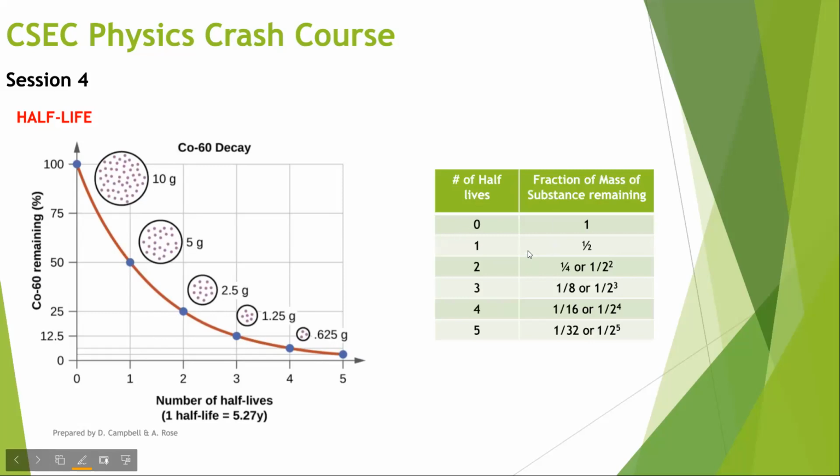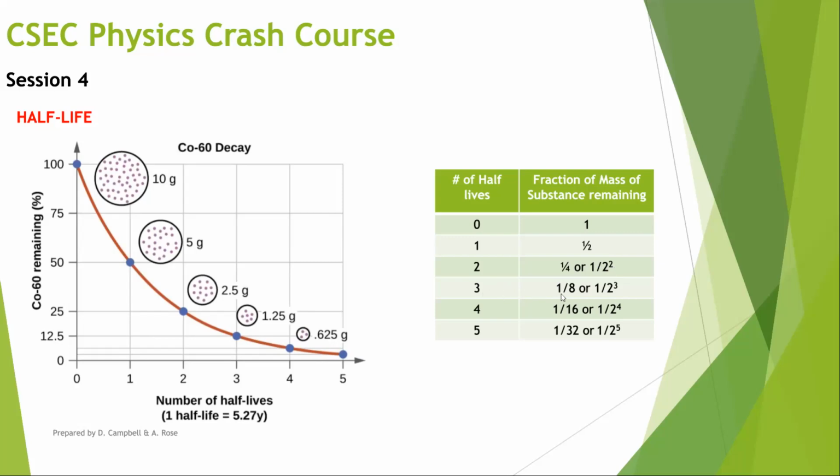Okay, so we can look at this table here, which shows the fraction of the substance remaining after 5 half-lives. We have half remaining after 1 half-life, a quarter remaining after 2 half-lives, which is 1/2 to the second power.